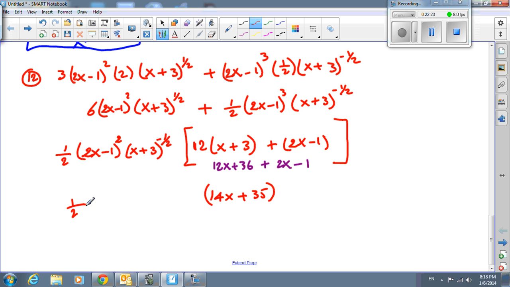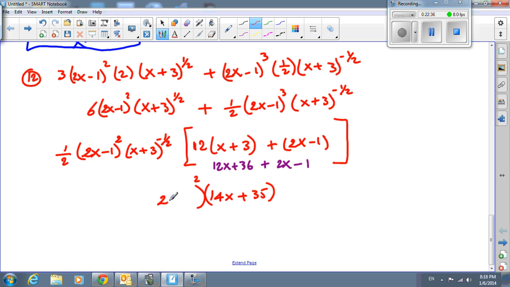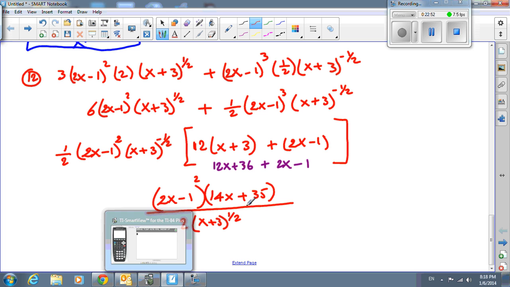How about we work smart? Instead of transferring everything, I will not touch the one with a negative power. So this parenthesis will be 2x minus 1 squared, and the 1/2 will stay in front, and the one with the negative power will go down, meaning x plus 3 to the power of 1/2. And I can put 1/2 up here, or I can just put a 2 on the bottom, and that will be the final answer. Not too far.